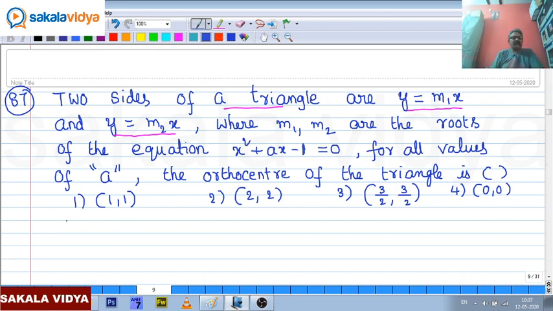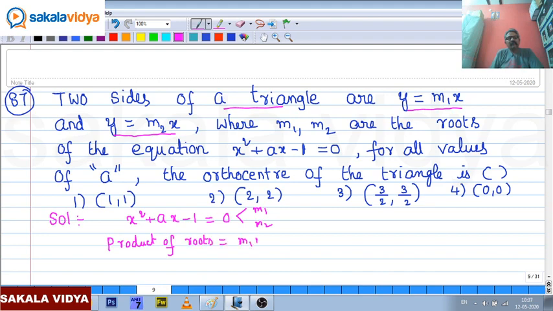So now let us check it. See, x square plus ax minus 1 is equal to 0 has two roots, m1, m2. Product of the roots, find out. Product of roots, that is equal to m1 into m2 equal to constant term by x square coefficient, minus 1.